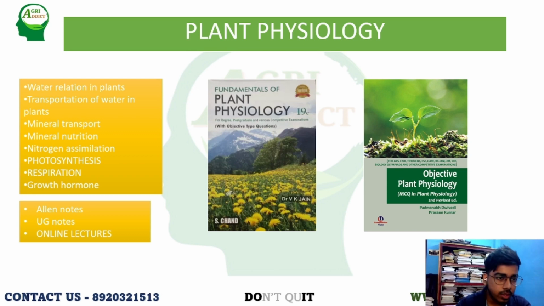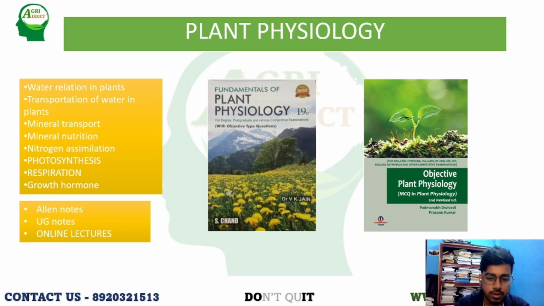The important chapters from plant physiology are mineral nutrition, then nitrogen assimilation, which you can also read from the microbiology book under the nitrogen fixation chapter. Then photosynthesis and respiration, these two chapters are very much important, and then growth hormones. These 4 or 5 chapters are very important for plant physiology.